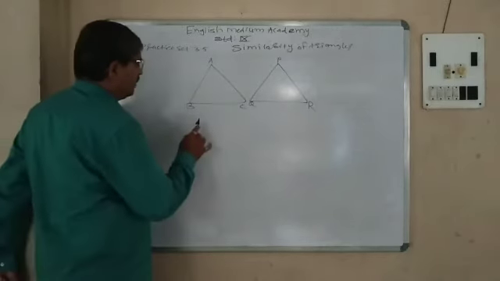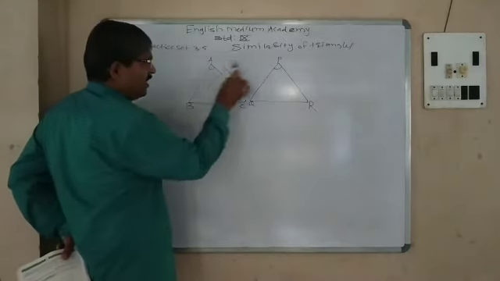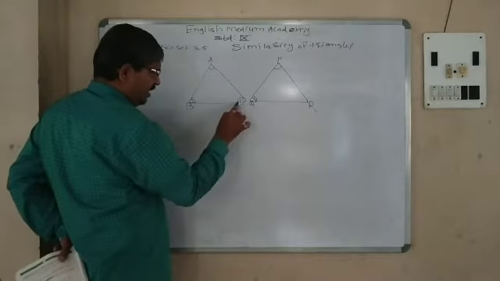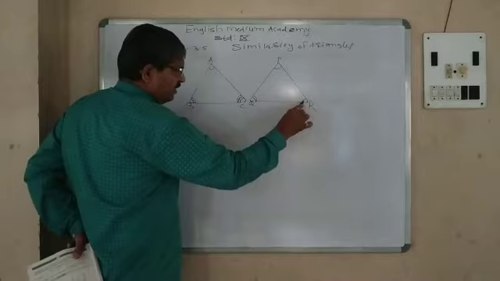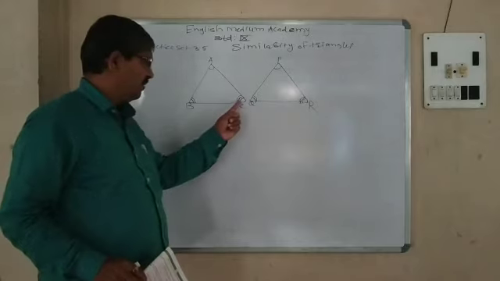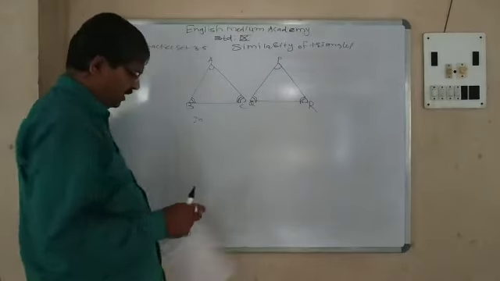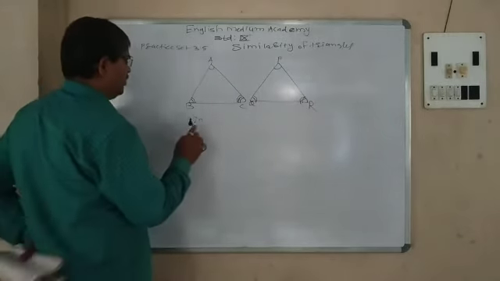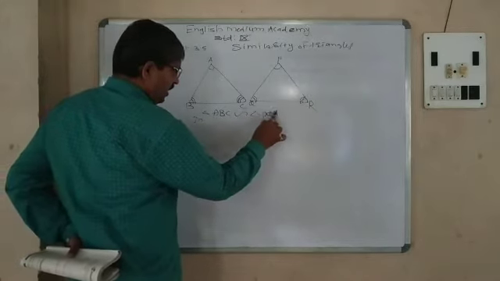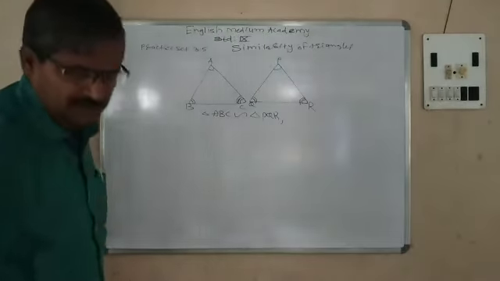Now for the angles, angle A and P I give the same sign. This angle A corresponds to angle P. Now B and Q get the same sign. And here I have drawn three lines, three circles, three semicircles or quarter circles. Then, since it is already given that the triangles are similar, we should mention triangle ABC is similar to triangle PQR, and now write the corresponding angles.